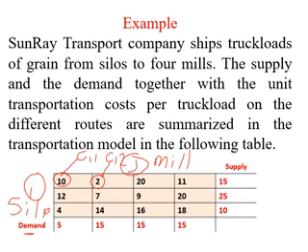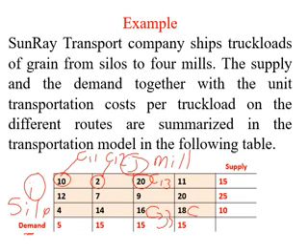This means it is the cost for shipping from source 1 to destination 2. And 20 equals the cost C1,3, the cost of shipping from source 1 to destination J. And this is, for example, C3,3, the cost of shipping from source 3 to destination 3.